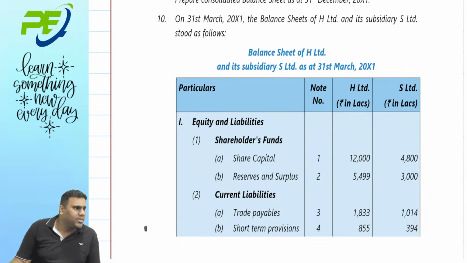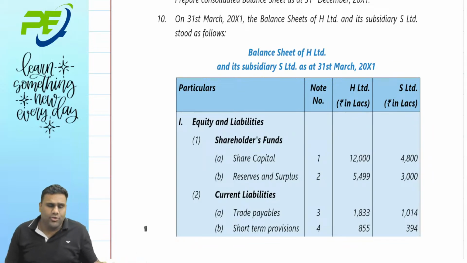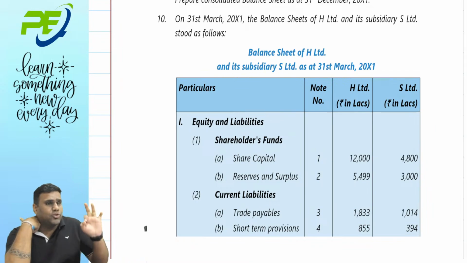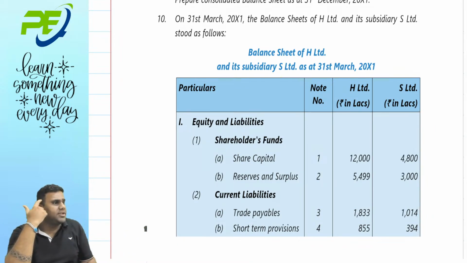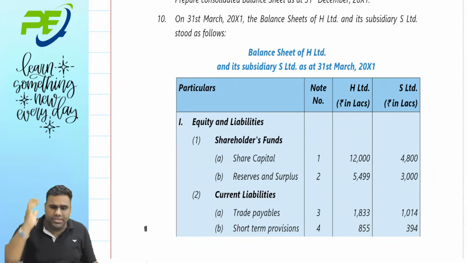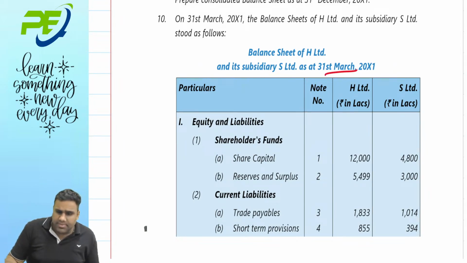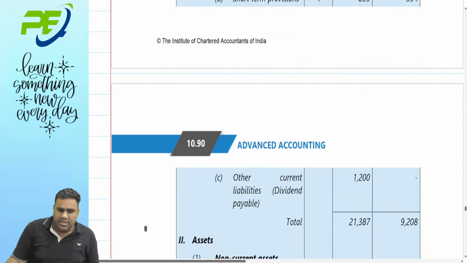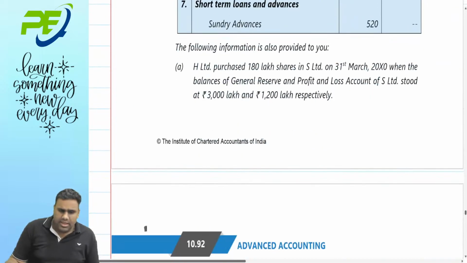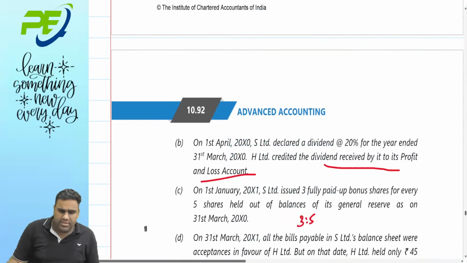Don't forget, guys, every time before you start the problem, you should know the percentage. So this is 31st March 20x1. It is 4,800.